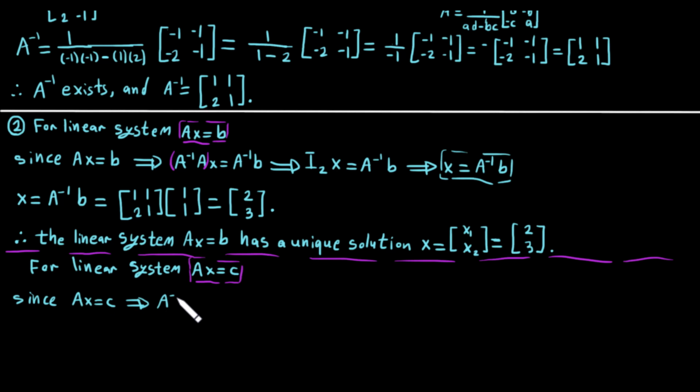So it will be A inverse multiplied by A x equal, and here A inverse C.